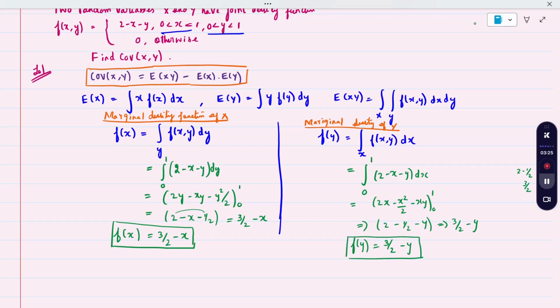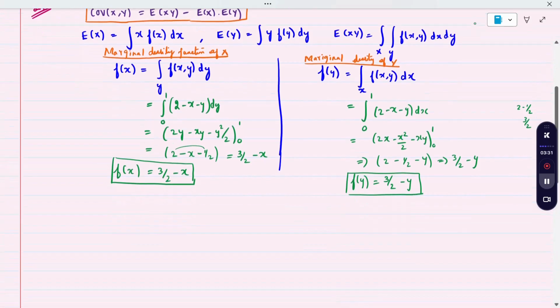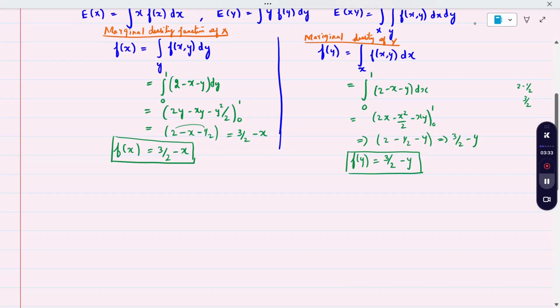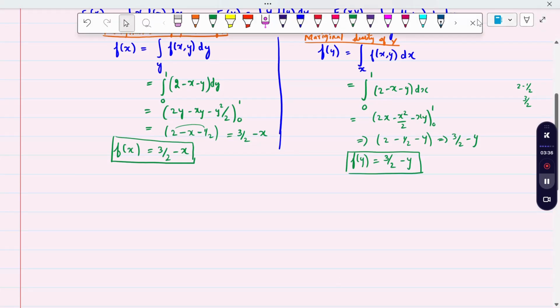So that's completed. Now we have to substitute everything. We need to find E of x, E of y and E of xy. All three parameters I need to calculate. First, E of x: the single integral over x into f of x dx. The limit is 0 to 1, x as it is, f of x is 3 by 2 minus x, dx.